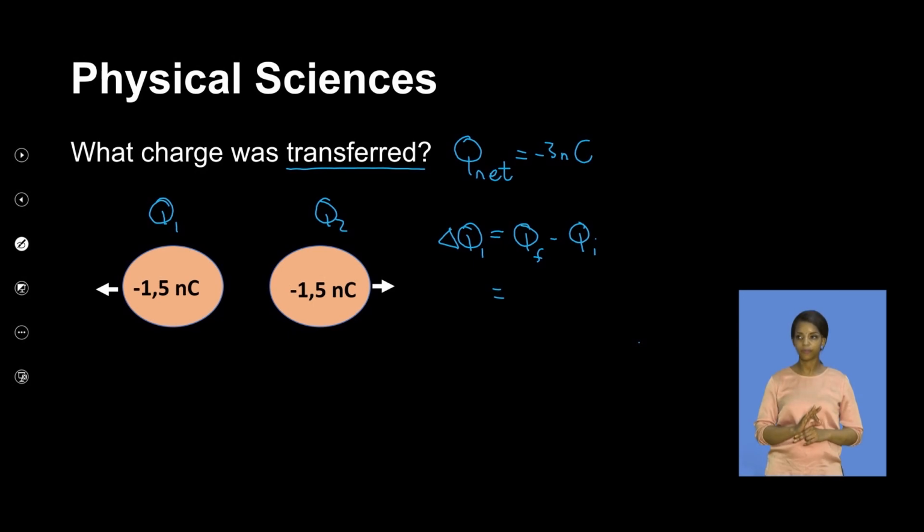In this case, if we consider Q1, the new charge is negative 1.5 nanocoulombs minus the initial one, which was plus 2 nanocoulombs. So in this case, this gives us negative 3.5 nanocoulombs. So charge 1 became more negative by 3.5 nanocoulombs.